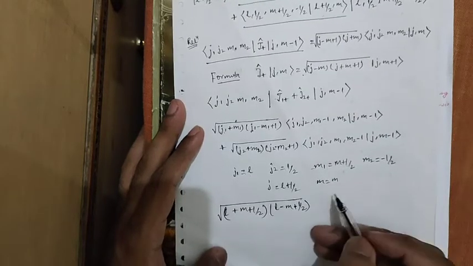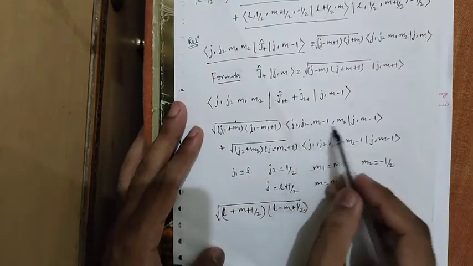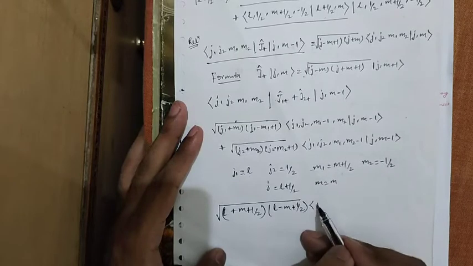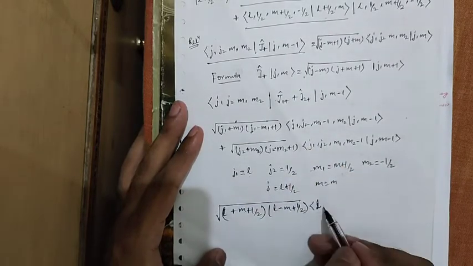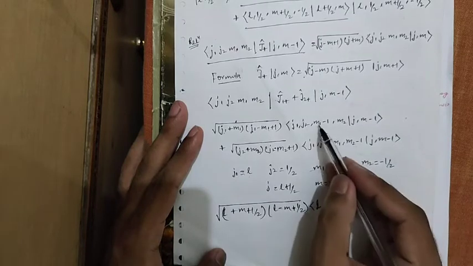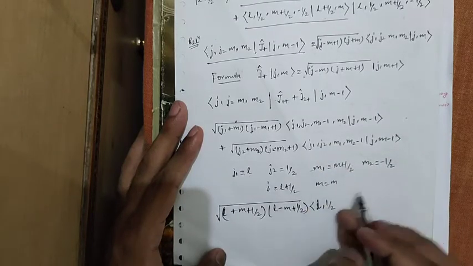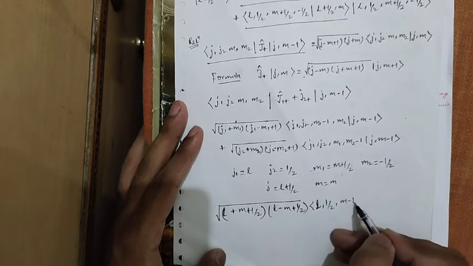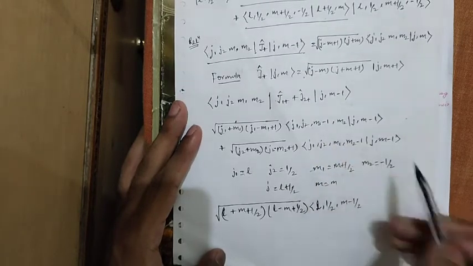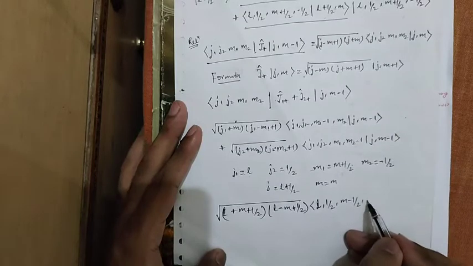The state changes to m1 equal to m plus half, which changes to m minus half, with m2 minus half.